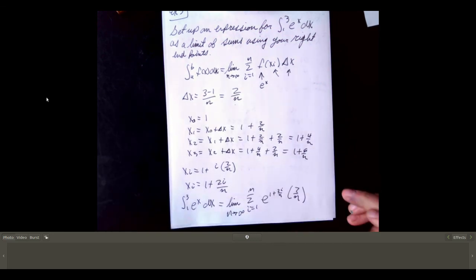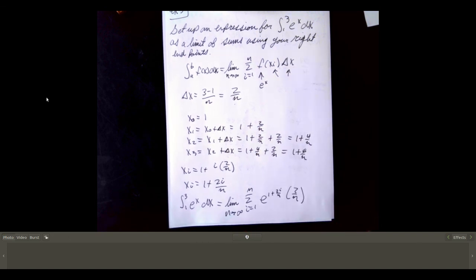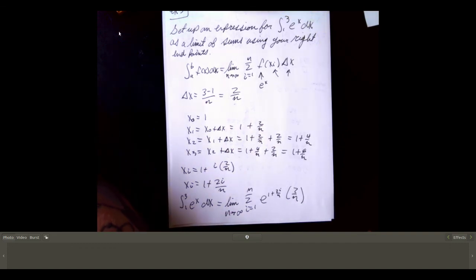So this is just the setup. We won't go through and actually solve this one, but this is how we would set it up. We went one way, I believe, for example 1, and now we're going backwards for example 3.